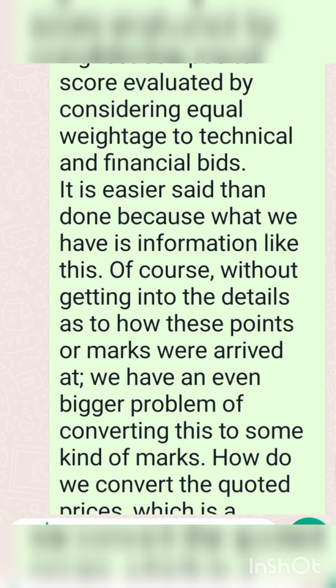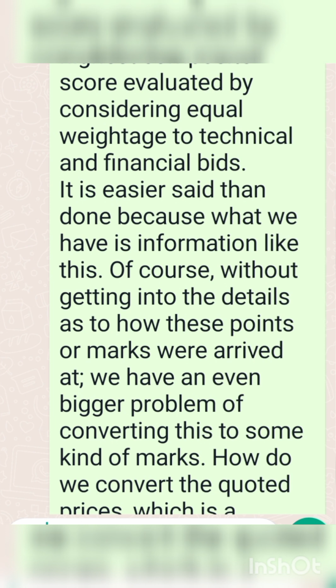It is easier said than done because what we have is information like this. Without getting into the details of how these marks were arrived at, we have an even bigger problem of converting this to the same kind of marks.